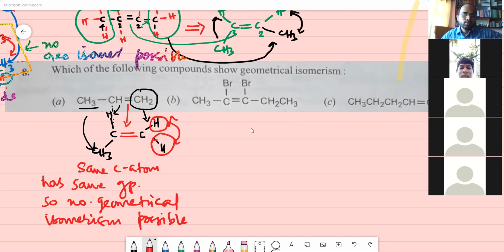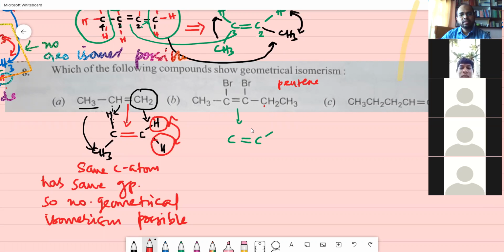Okay, now let us go to this example. I will put the double bond first, and this C and this C there. I'll first number it, 1, 2, 3, 4, 5. This is a pentene molecule. Our double bond is only here.